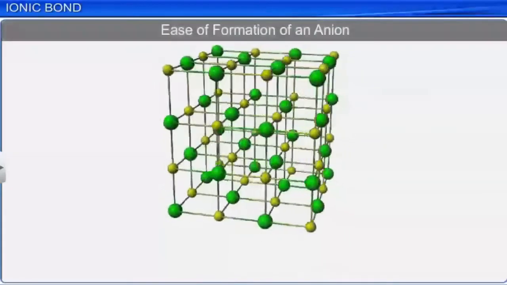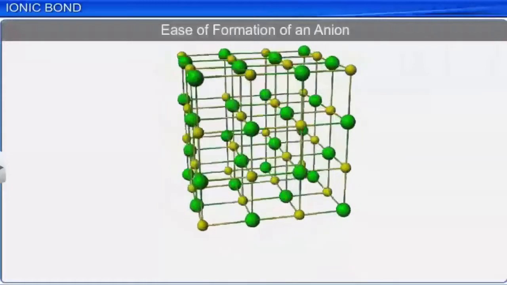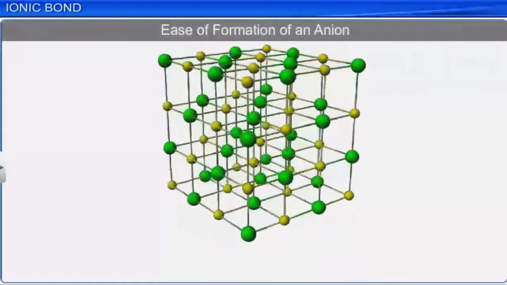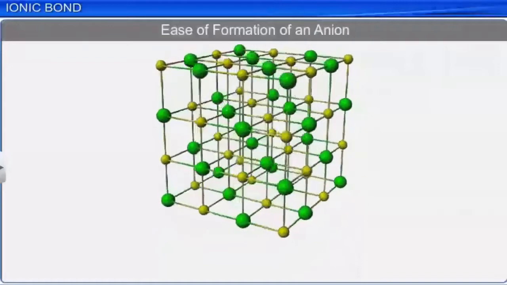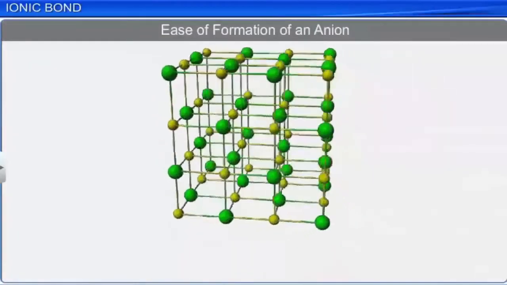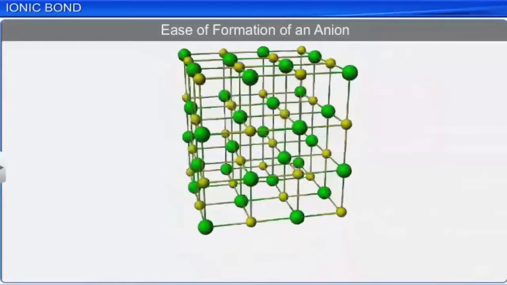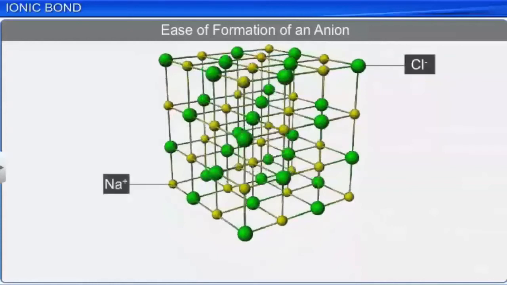The resultant ionic compound consists of regular and orderly arrangement of oppositely charged ions in three-dimensional region, held by strong electrostatic forces of attraction. This means that each cation is surrounded by a fixed number of anions and each anion is surrounded by a fixed number of cations.